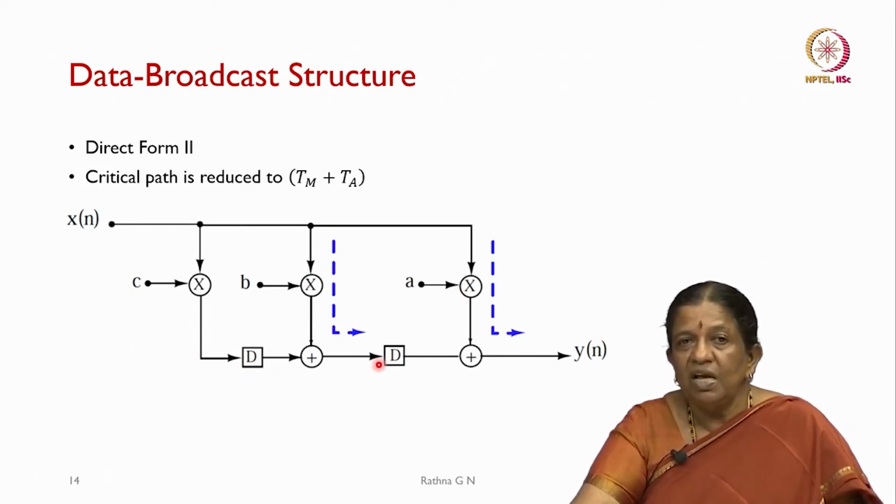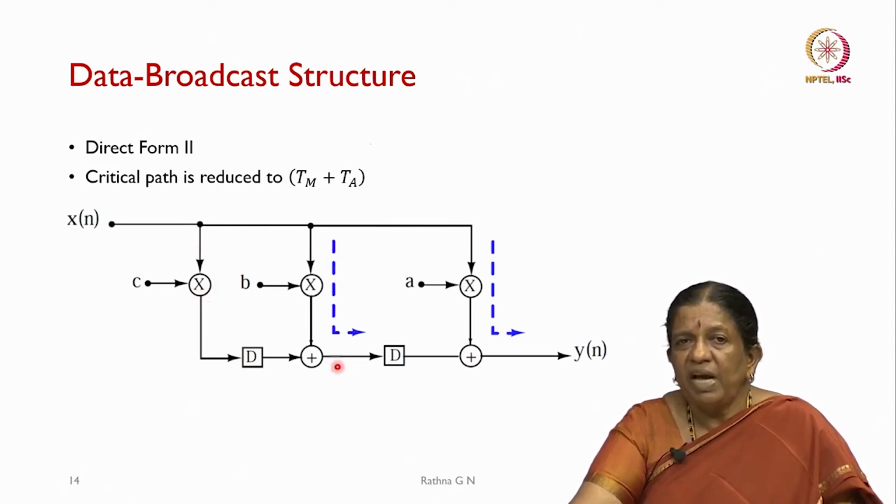This is the original. Now, see the critical path in this case is going to be 1 multiplier and 1 adder. This is from input to output, and then from input to latch is also 1 unit, and here also input to latch has only 1 multiplier delay.